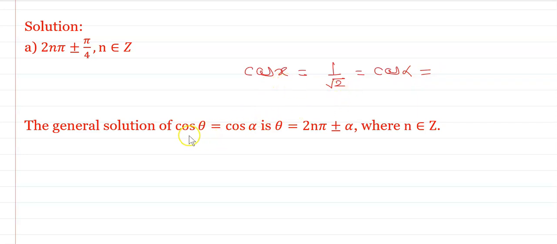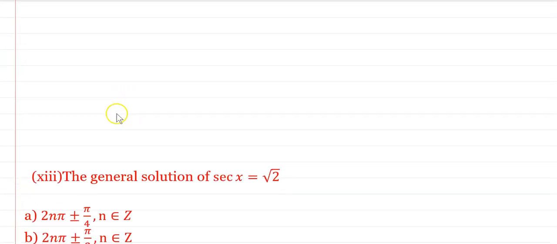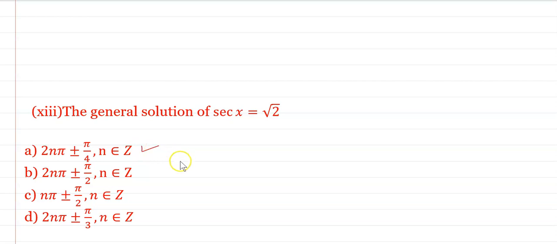Whenever there is cos theta is equal to cos alpha, then theta is equal to 2n pi plus or minus alpha. Here alpha is equal to pi by 4 and hence the answer is 2n pi plus or minus pi by 4 where n belongs to Z. Okay, set of integers, and hence option A is the correct one.